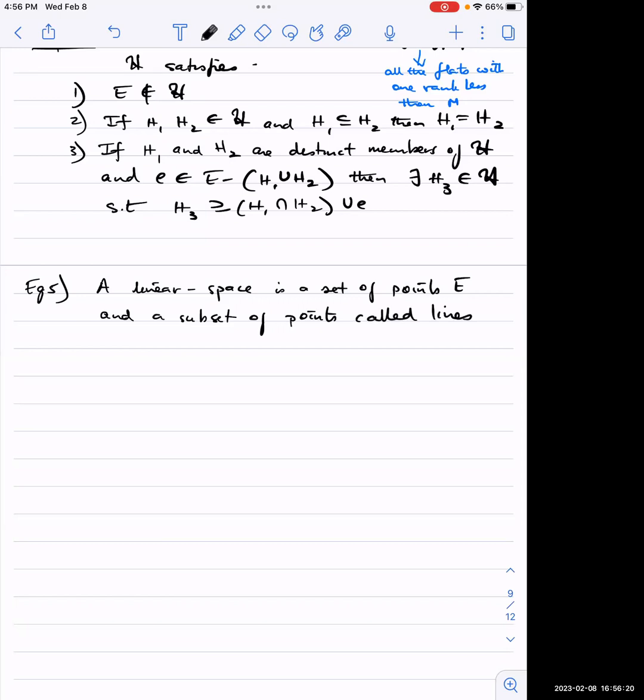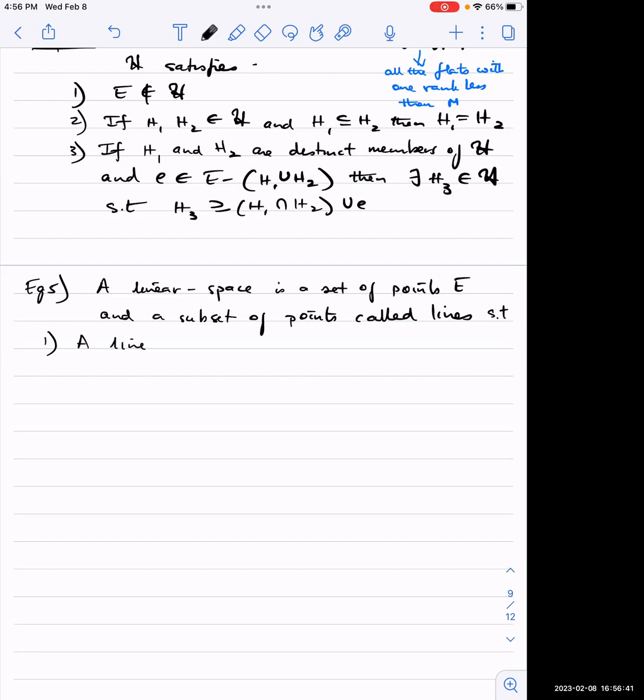Don't think graphs, these are points and lines in the plane, incidence structures, such that the usual properties of points and lines in the plane are satisfied. This is incidence geometry here.